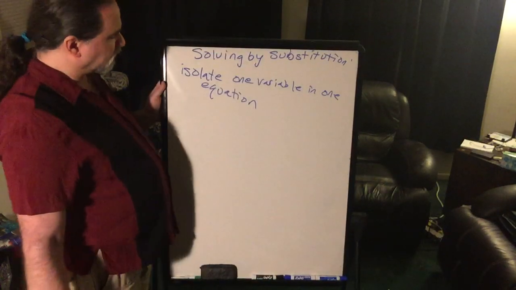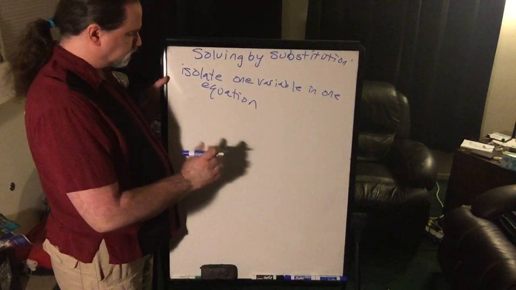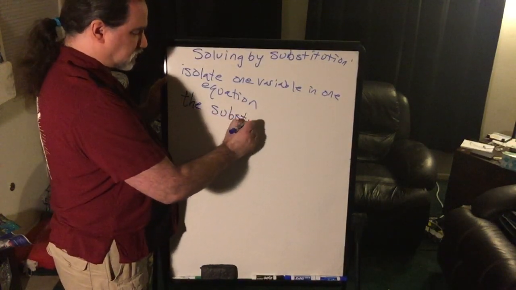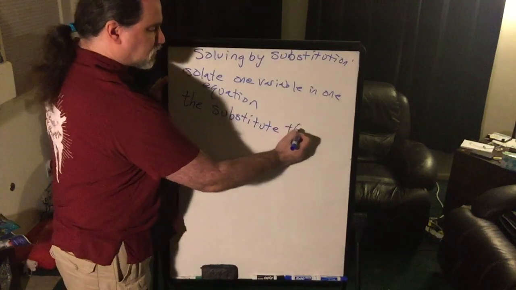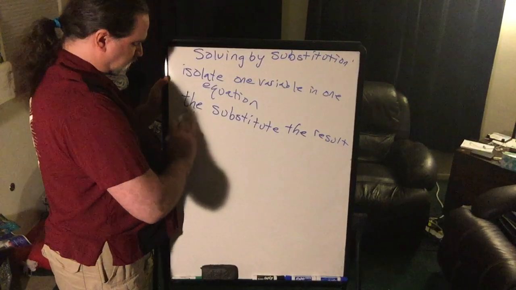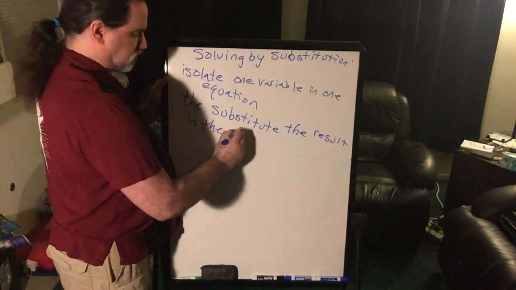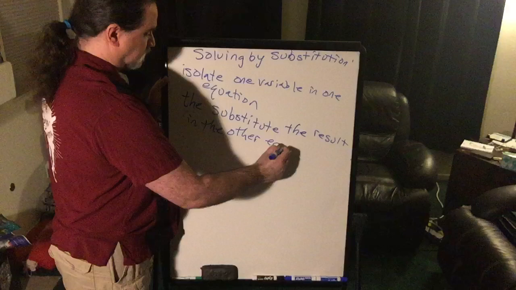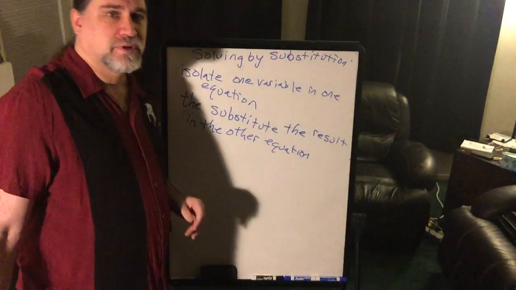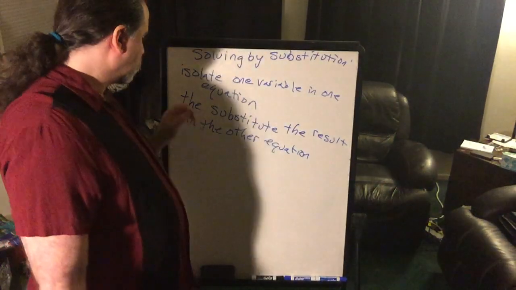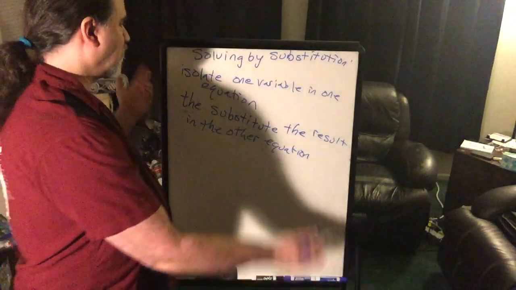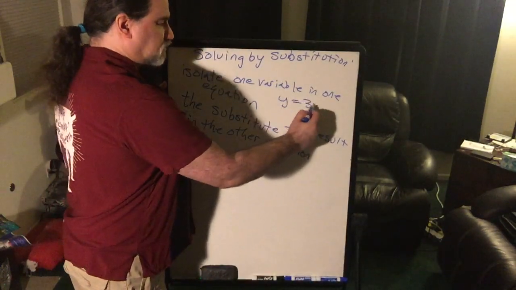So you start by isolating one variable in one equation. Then substitute the result in the other equation. So you're going to get a value, something like y equals 3x plus 1.